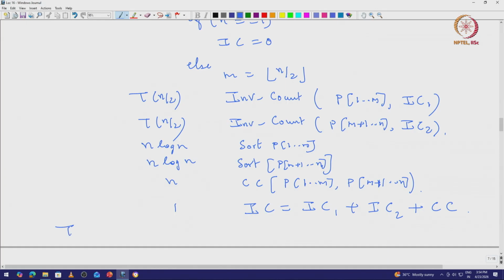Therefore, here you have T of n is 2 times T of n by 2 plus O n log n, and this has a solution O n log square n. So, it is much better than n square algorithm. We will see how this can further be improved using more for less idea. Okay. So, we will continue our discussions in the next session.